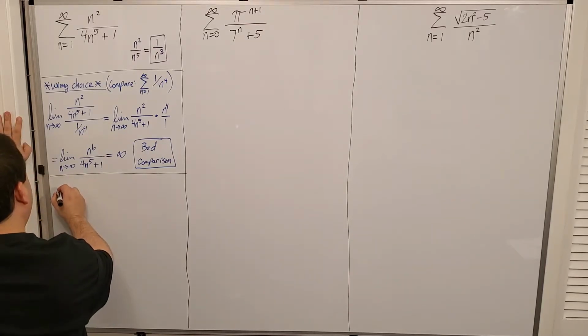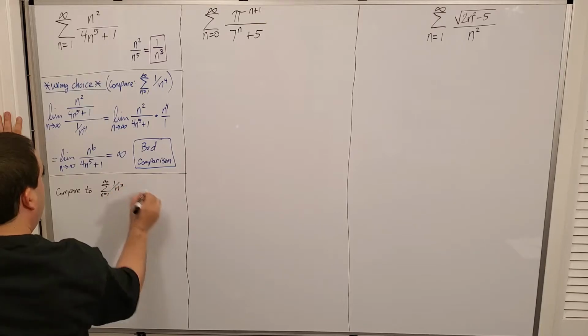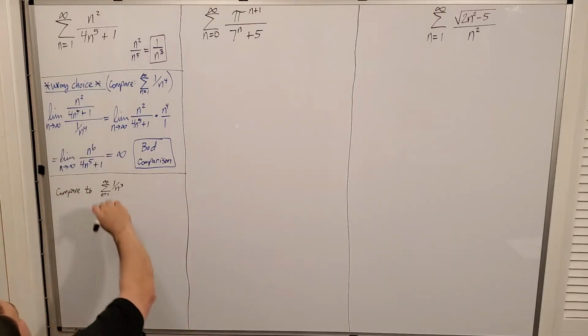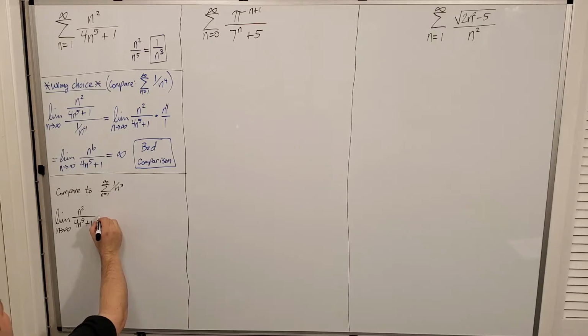So if I compare to the sum n equals 1 to infinity of 1 over n to the third, then that means that I'll take the limit as n goes to infinity of n squared over 4n to the fifth plus 1 divided by 1 over n cubed.